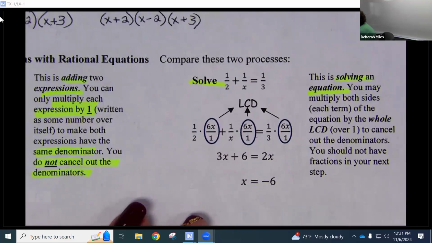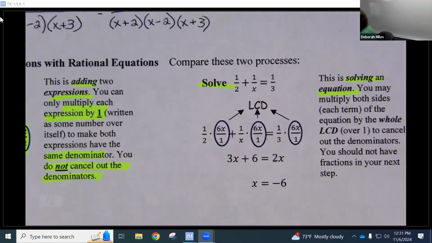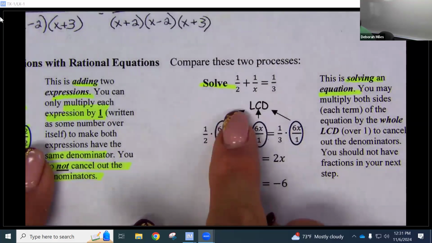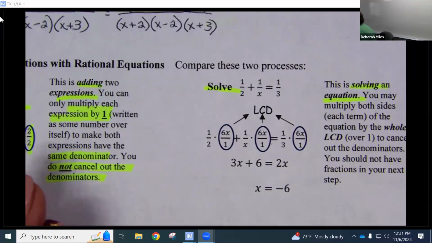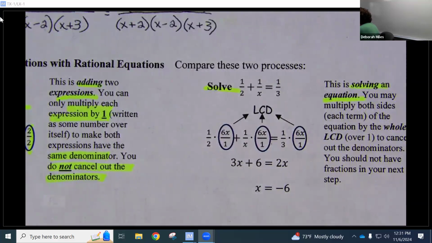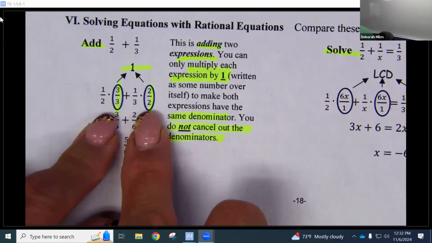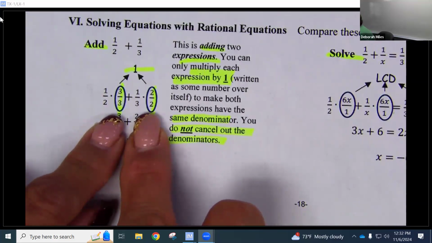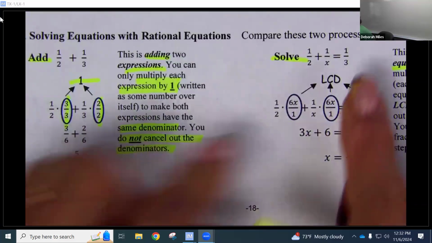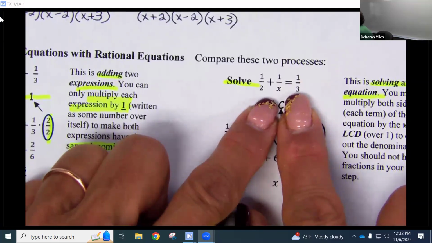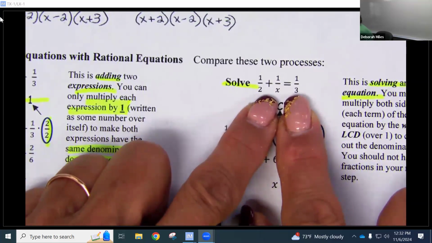Solving equations is different. My goal in solving this equation is to somehow get rid of all the fractions. I want my answer just to be x equals some number. That number may be a fraction, but I don't want my second line to have fractions anymore. Well, when I was adding fractions, I said the only thing you can multiply by a fraction or any number without changing it is 1. But if you have an equation, you can multiply both sides by anything you want, as long as you're not multiplying by 0.